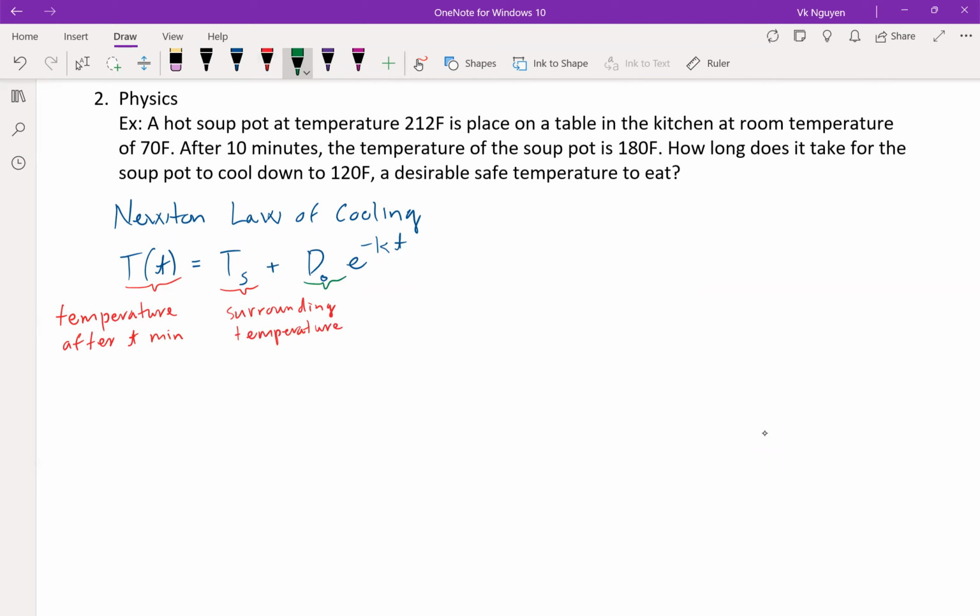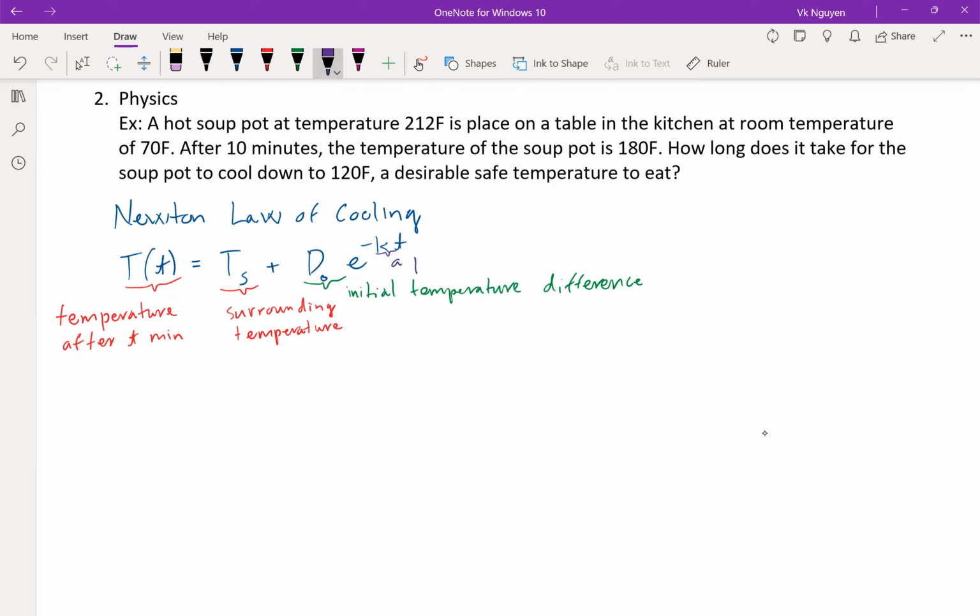And D sub 0 is the initial temperature difference. k is a positive constant, a positive number. Okay, so this is the formula of Newton's law of cooling.